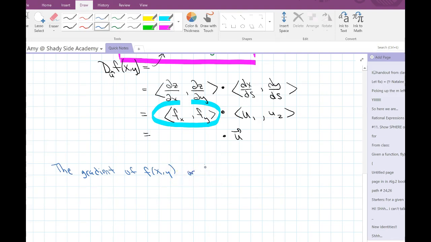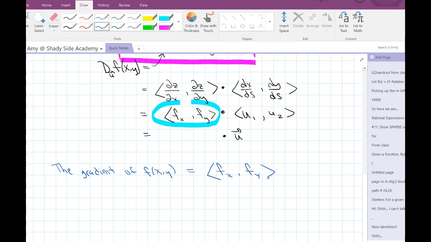Let me just define it. The gradient of a function of x and y is defined as the following: a vector whose components are the partial derivative of f with respect to x, comma, the partial derivative of f with respect to y.